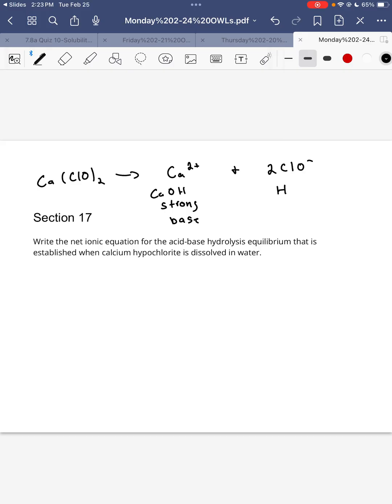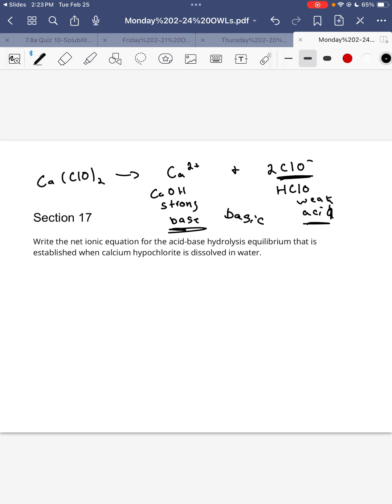Hypochlorite is the conjugate base of a weak acid. That means our solution is going to be basic, but we want to focus on the weak ion here. In this case, it's the anion. Why do we focus on that? Because these are all staying in solution because they come from a strong base. These are not, so they influence our equilibrium.